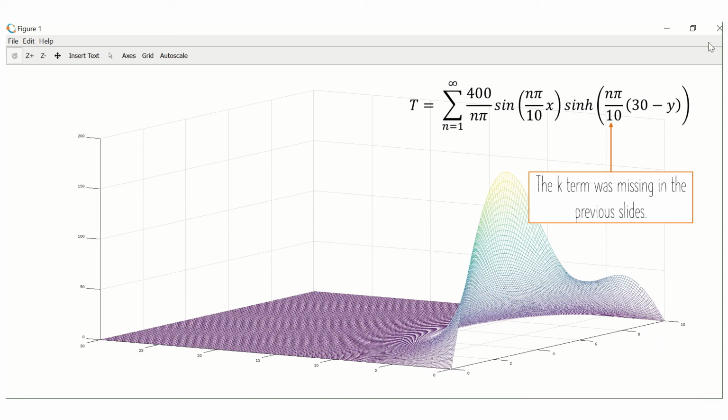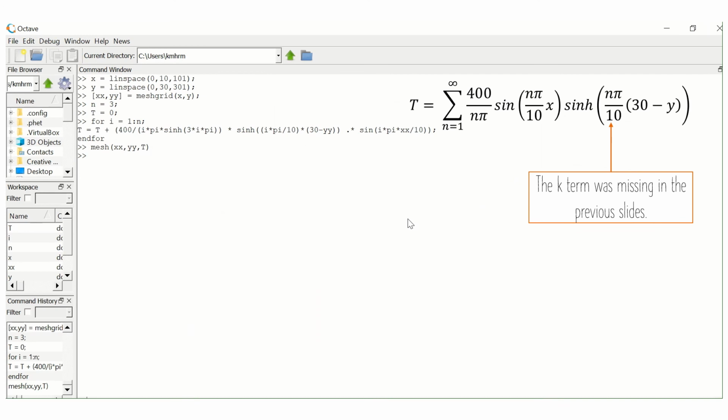To compare, we will just use the same point that we have considered just now. We say x equals 5 and y equals 5. And if you remember, what we got in the previous calculation was about 26.1 degrees Celsius. So at this point, the temperature is 26.1. But what about this new equation?